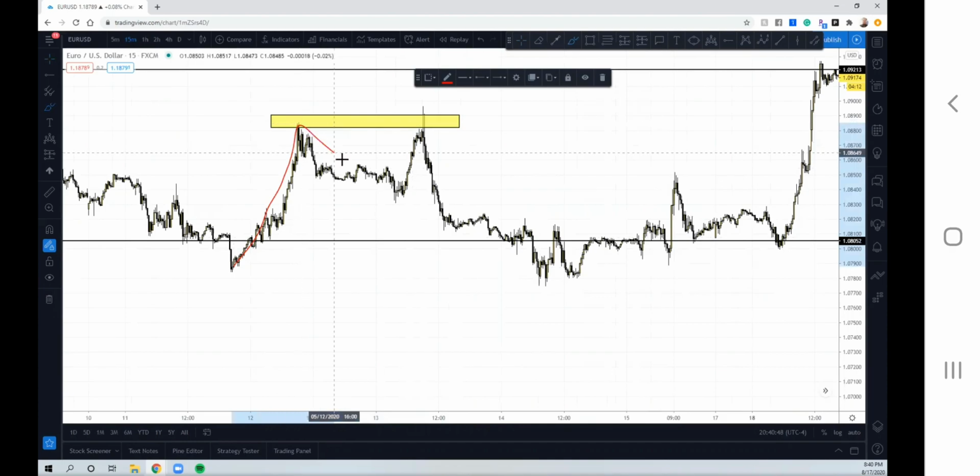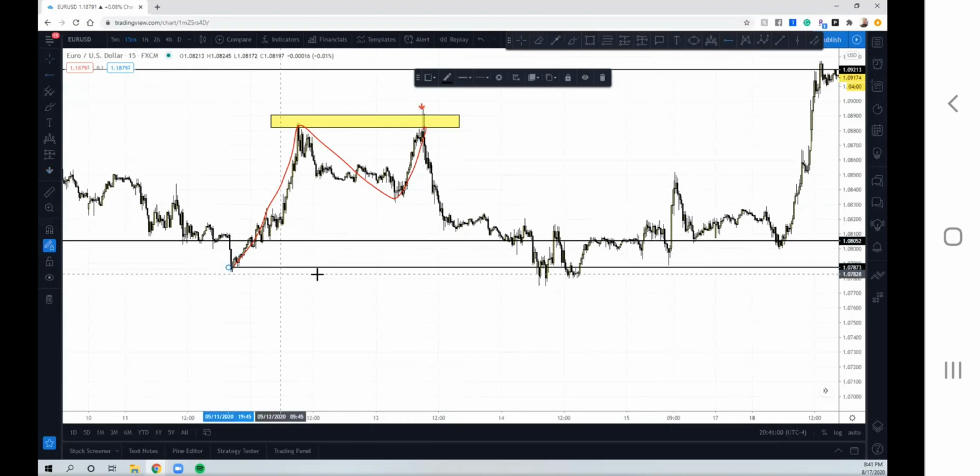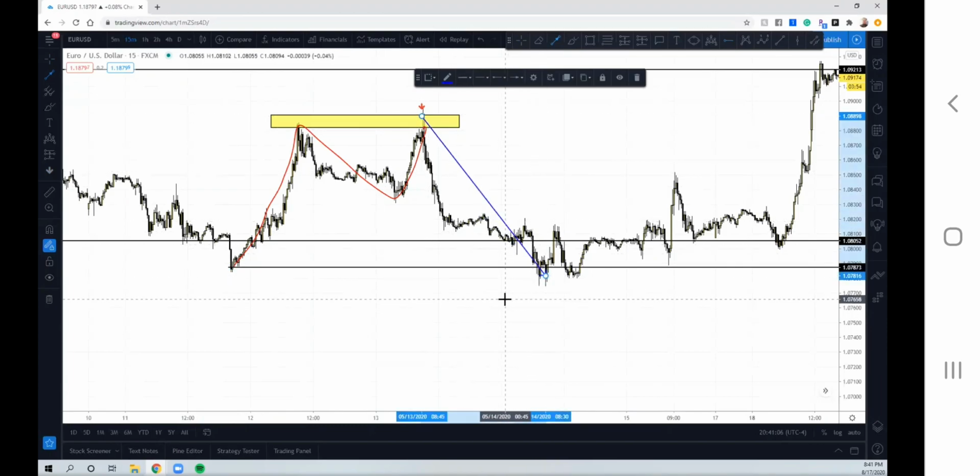Came up, came down, came right up here. We would have taken a selling opportunity here and would have taken profit at the bottom of this leg, which gave us a nice trade to the downside.